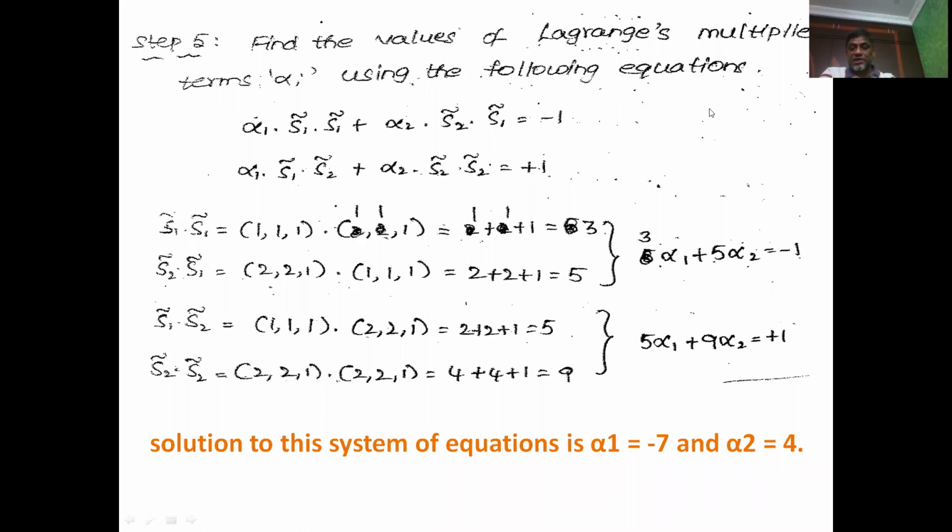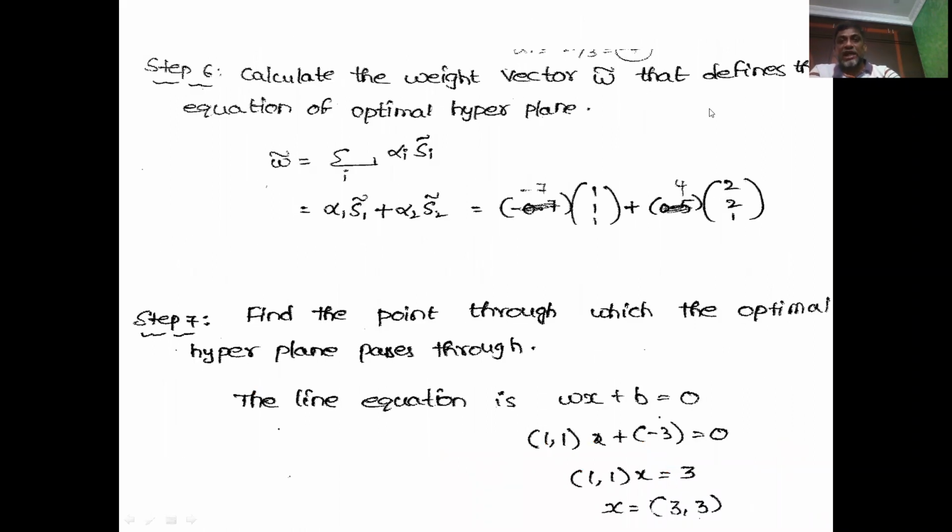Now the next step is we need to calculate the weight vector W. W tilde is equal to, the formula goes like this: summation over i of alpha i into Si tilde, where alpha i are the Lagrange multiplier terms and Si are the augmented support vectors.